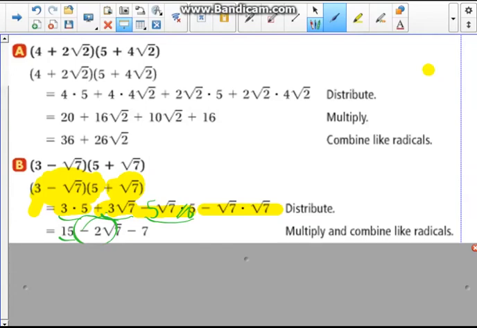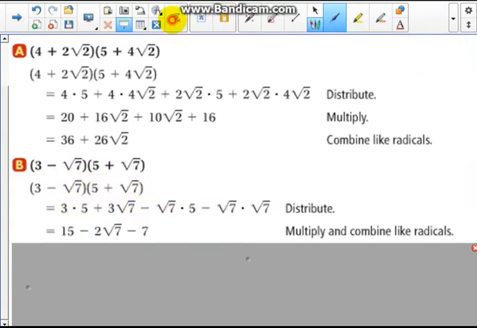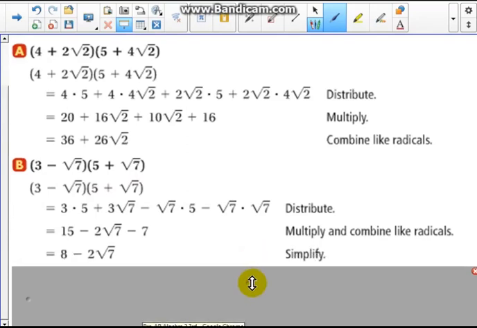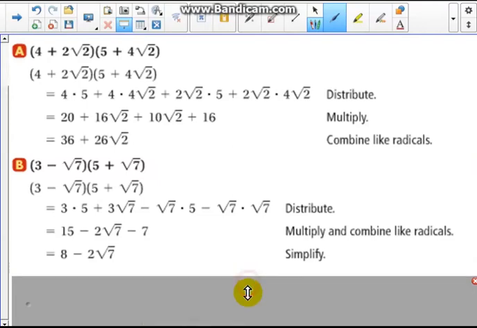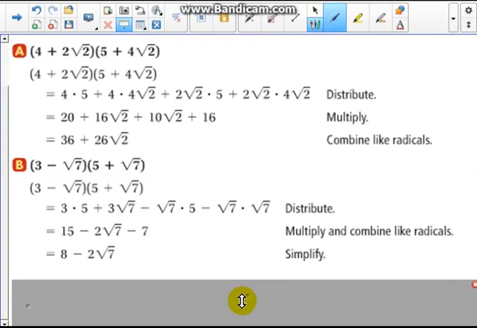And then last, you've got minus those squared becomes radical 49, which is just 7. So it's a negative 7. Okay, so now combine your like terms. And you have 15 minus 7, which is 8, minus 2 radical 7. And that's our answer. It's that simple.